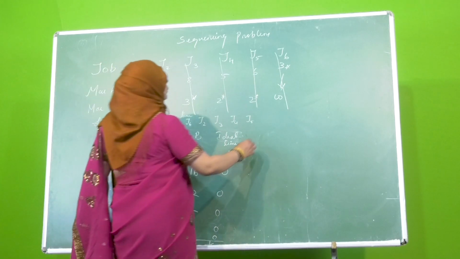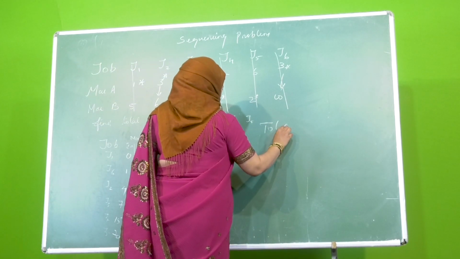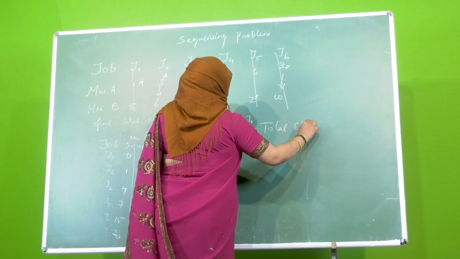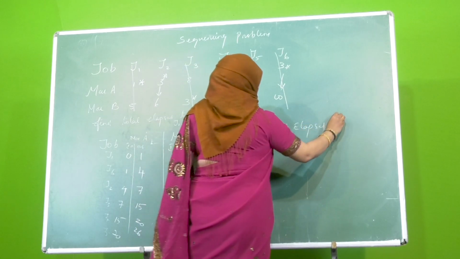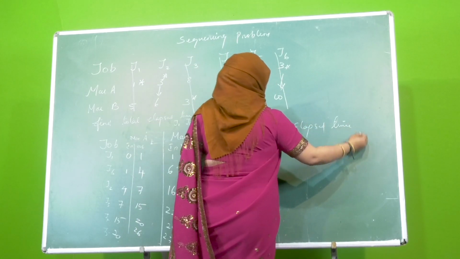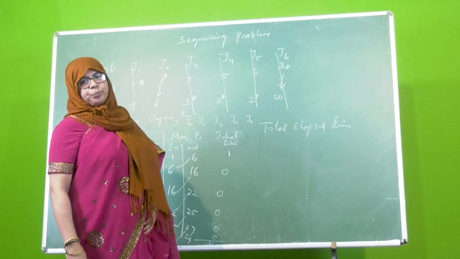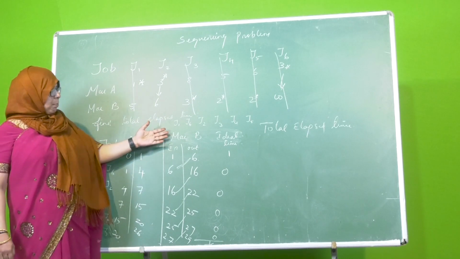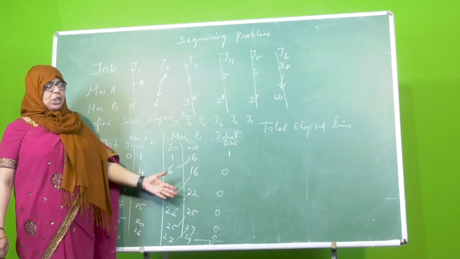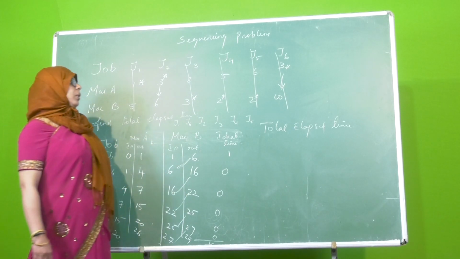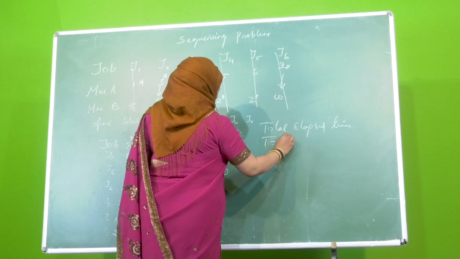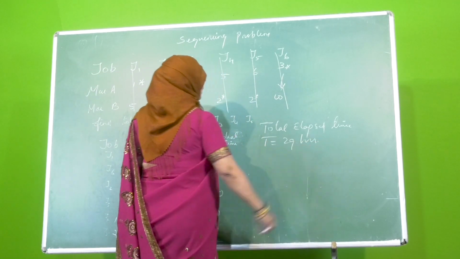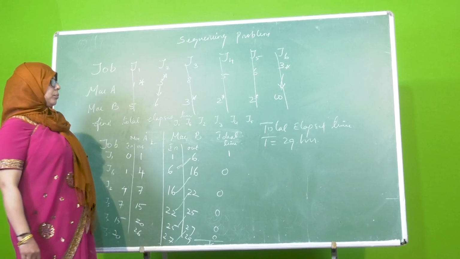So now the total elapsed time. What is the total elapsed time? It is the machine B output value. What is the machine B output value? 29 hours.